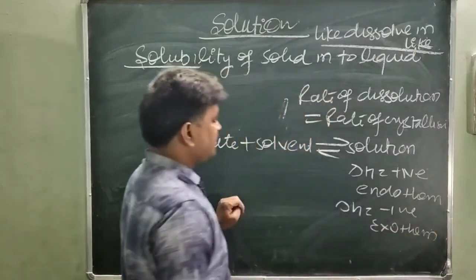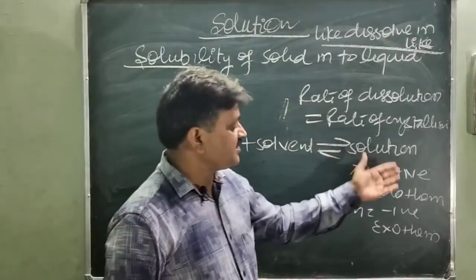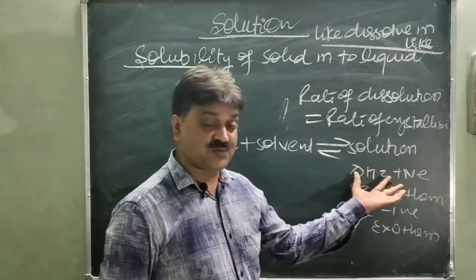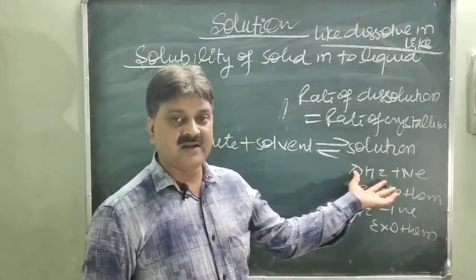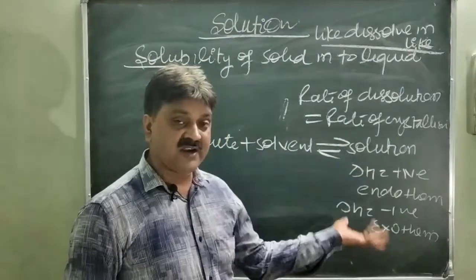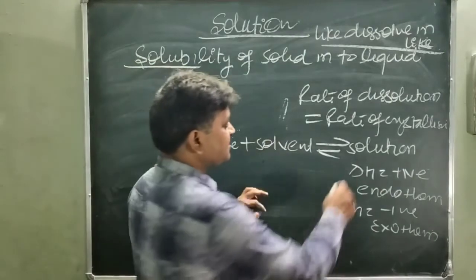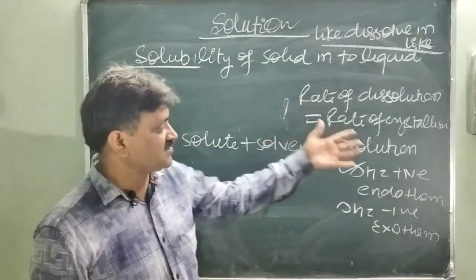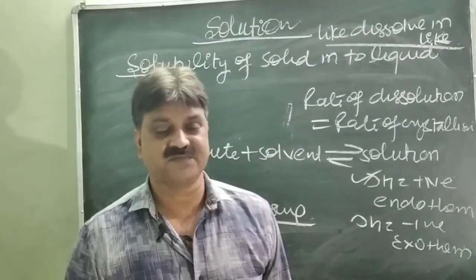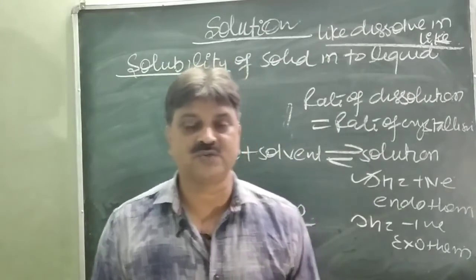If in the formation of the solution the heat energy is positive, it is an endothermic process, and when heat is released, it is an exothermic process. So when delta H is positive, higher temperature is required for more formation of solution. These are the effects of temperature on the solubility of a solid in a liquid.